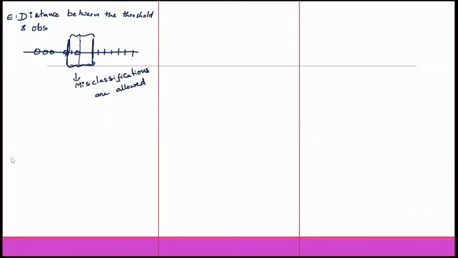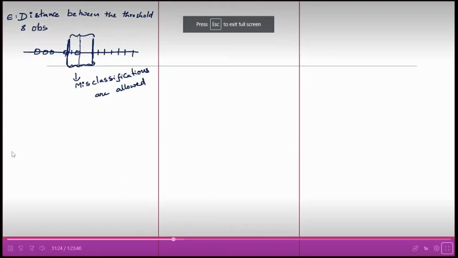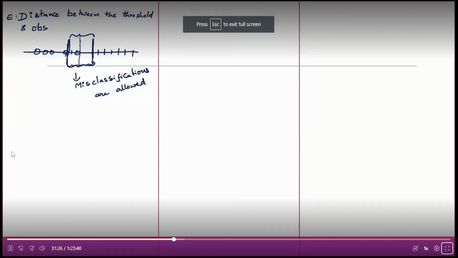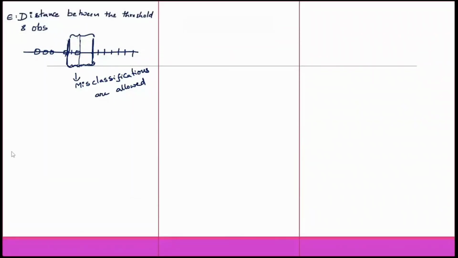So we are bringing in a soft margin, saying I want to maximize this margin, no doubt, and within this, if there are misclassifications, that is pretty much fine. Inside the margin, I am very much fine with misclassification.